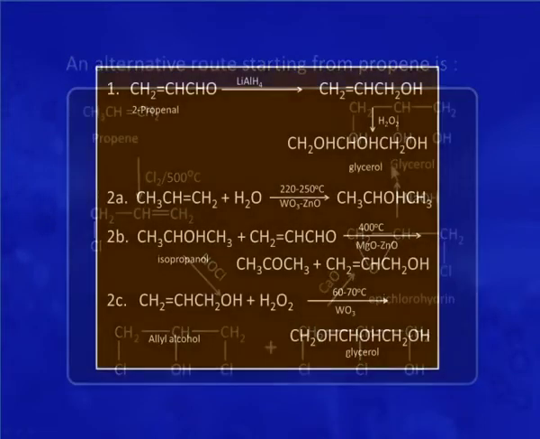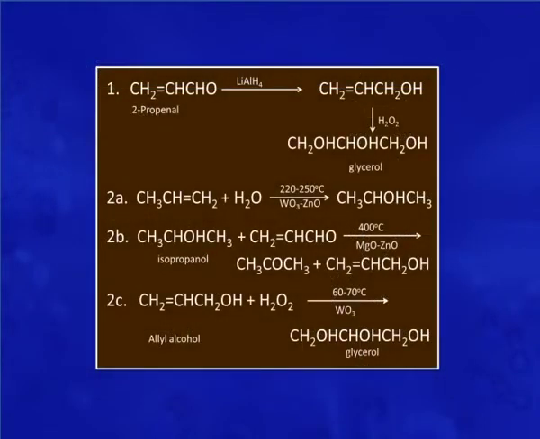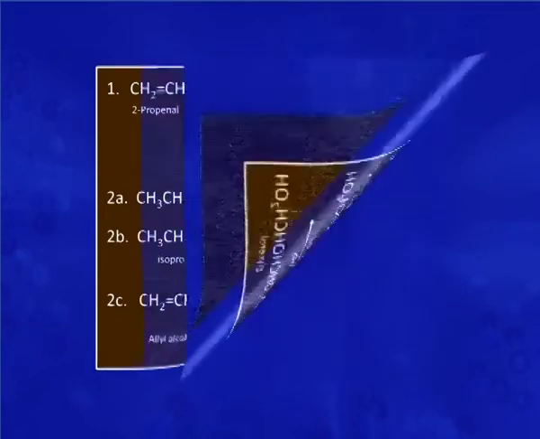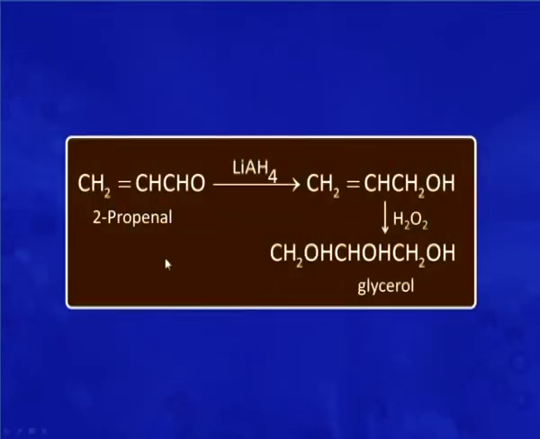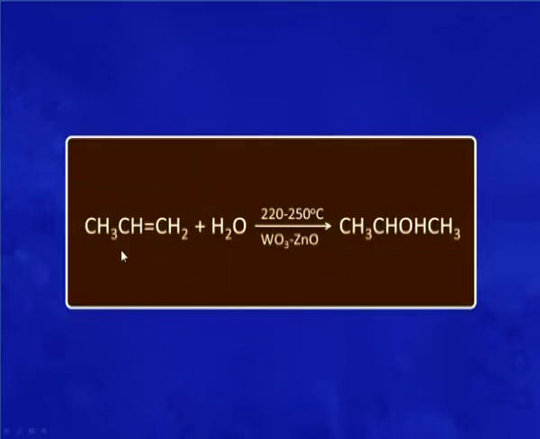In these two methods which we have discussed here, you can see in all the cases, first of all the propanol is converted into this alpha beta unsaturated alcohol or allyl alcohol by treatment with lithium aluminum hydride followed by hydrogen peroxide treatment to produce glycerol. Propene upon treatment with water forms isopropanol.